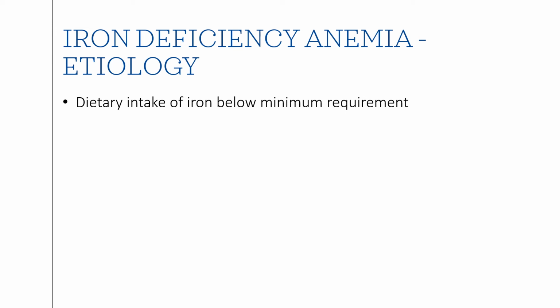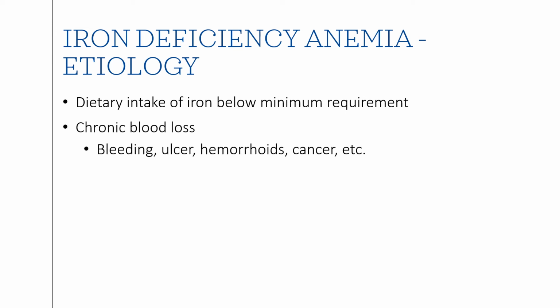There are other causes for iron deficiency anemia, like we mentioned before, women of childbearing age because of their menses. So any kind of chronic blood loss. Any bleeding, if you have ulcers bleeding from your stomach, or hemorrhoids like I mentioned before.